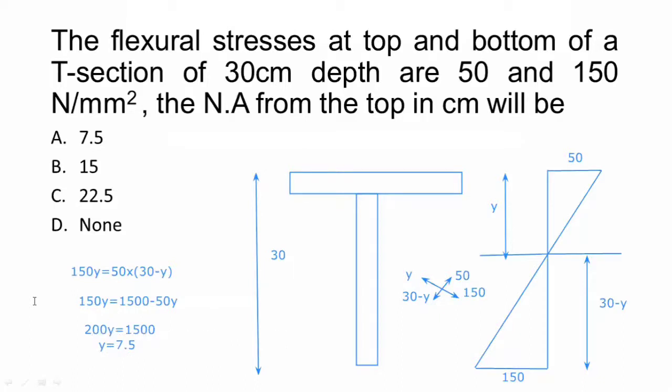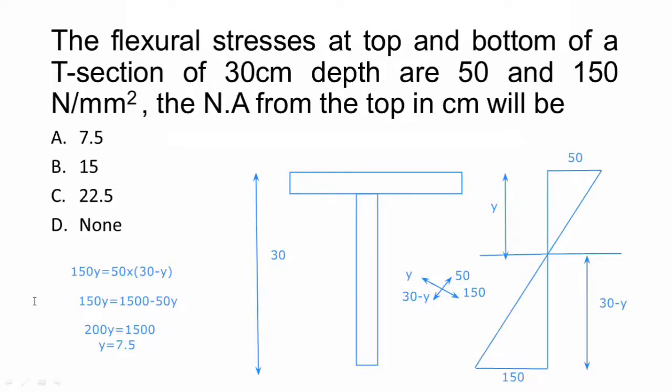So option A is correct. Even if the diagram is not given, you should be in a position to calculate this value, and you should be able to solve such problems in short time.